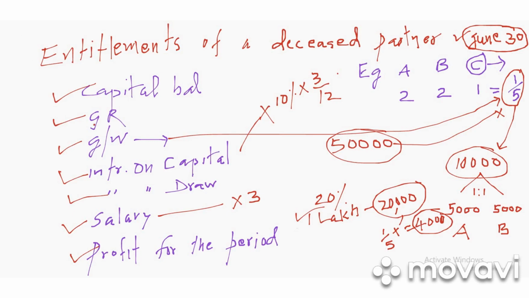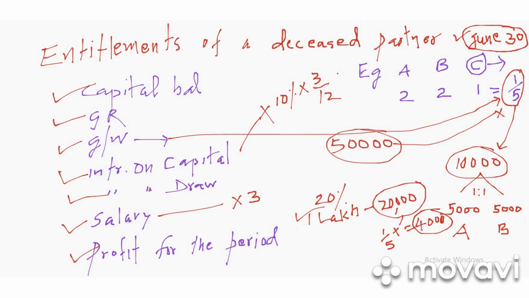So instead of getting a comprehensive question where you need to make all the capital accounts of the partners or the deceased partner's capital account, you will most probably be asked short numerical calculations.